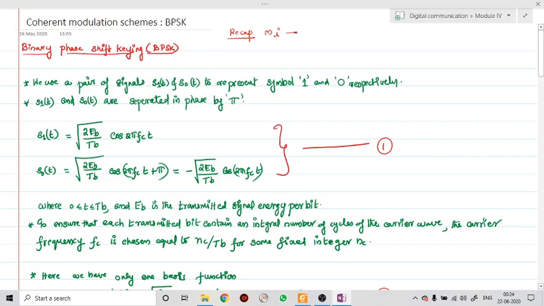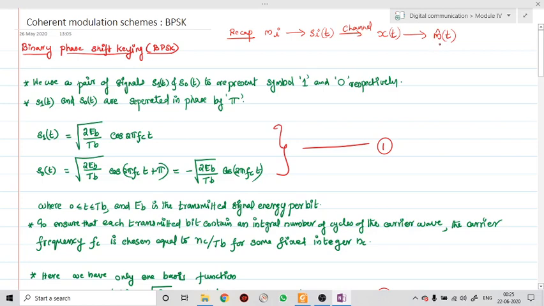So that is converted to a signal SI of t and then transmitted to the channel and received as X of t in the receiver, and from this I will be estimating my symbol, M cap.